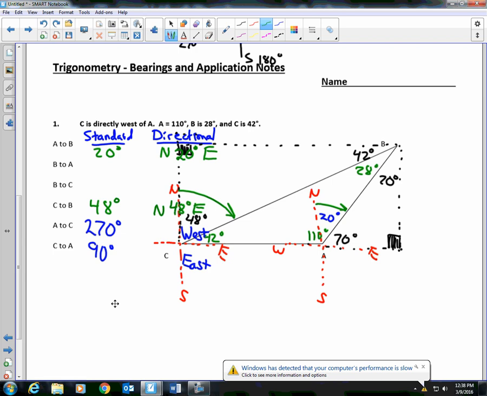Where should I now position myself? It says B to A and B to C, so that's where I'm going to go. Doesn't matter. I'm going to position myself at B right now to do the last two.